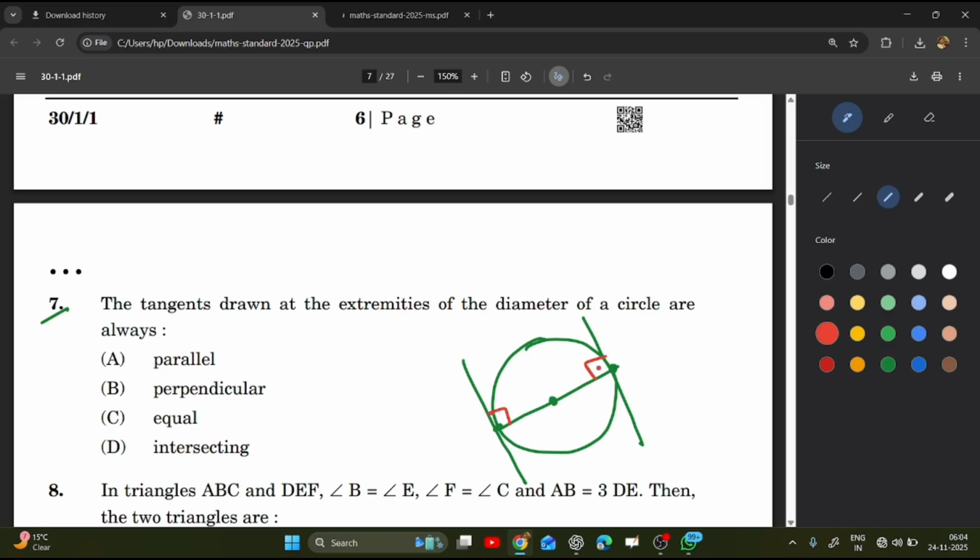Similarly here, these tangents are perpendicular to their radius. Since these two tangents are perpendicular to the same line, these two lines will be parallel to each other. So option A is correct.